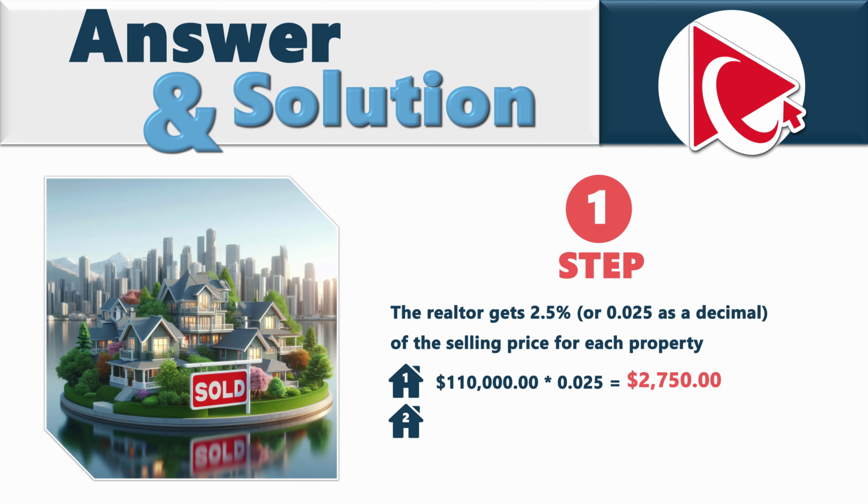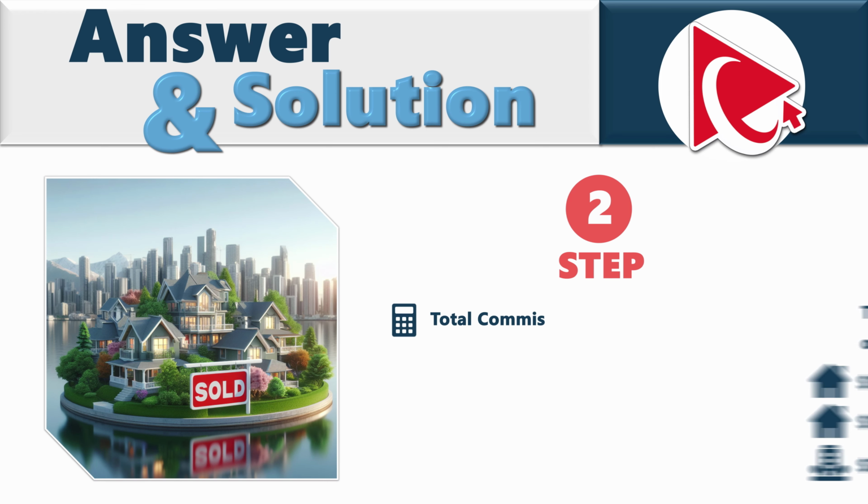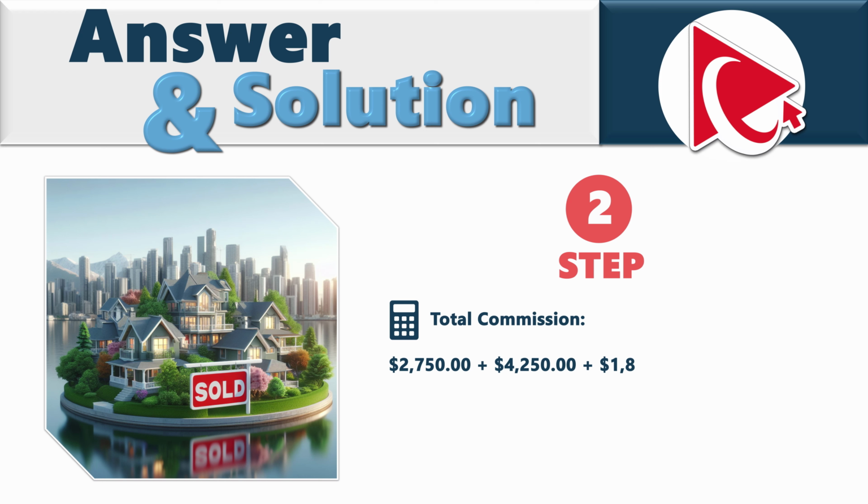For house 2, commission can be calculated as $170,000 multiplied by 0.025, and the end result would be equal $4,250. And for the condominium, the commission can be calculated as $75,000 multiplied by 0.025, and it would be equal $1,875.